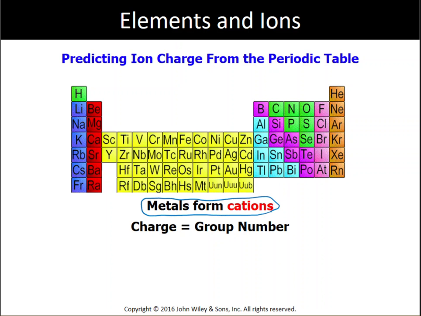The only ions that metals form are cations. There is no such thing as a metal with a negative charge on it. So metals form cations, and that includes main group metals, transition metals, and rare earth elements. They all have the tendency to lose electrons and become cations.